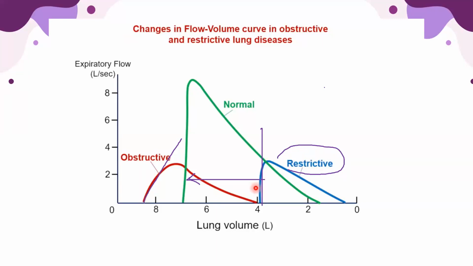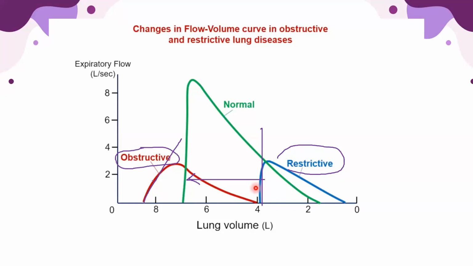The reason you have a steeper slope is the excess collagen deposition. That basically allows the patient a higher recoil force, so they're able to exhale much more forcefully in restrictive lung disease as compared to obstructive. The peak expiratory flow rate has decreased here because it's a problem of exhalation.